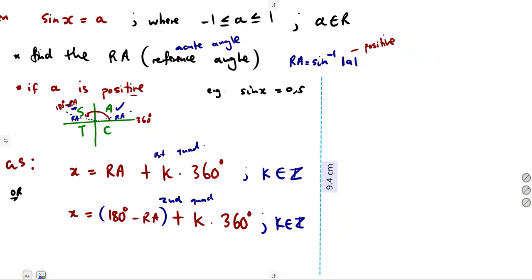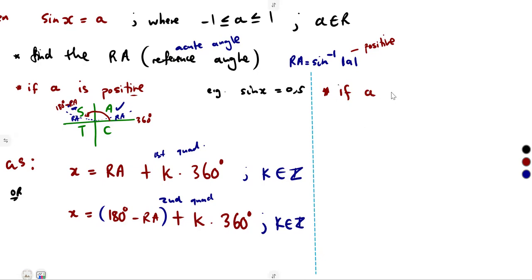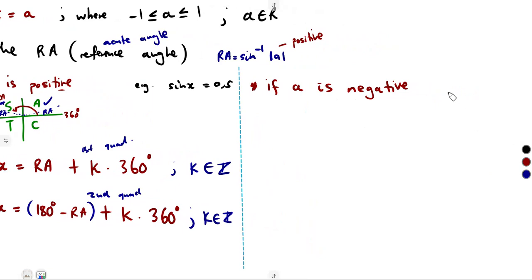Meaning to say, for negative values, let us consider the solutions when these are negative. In this case, we consider if A is negative. For an example, we can consider the sign of x being negative 0.5.